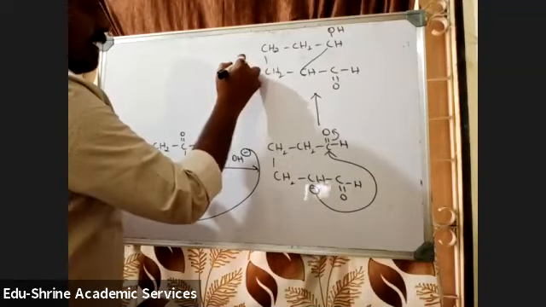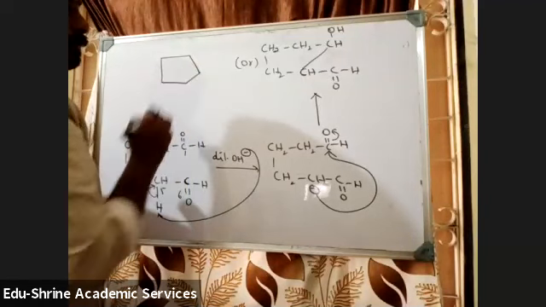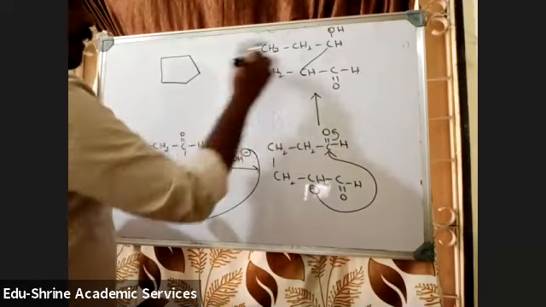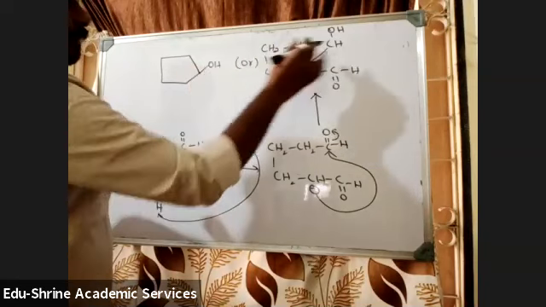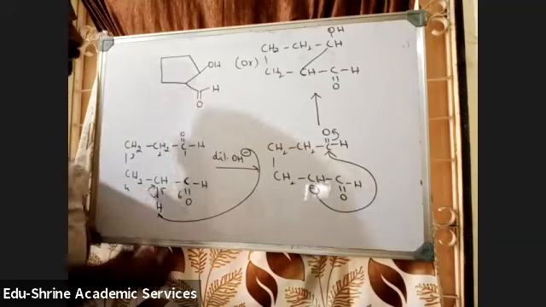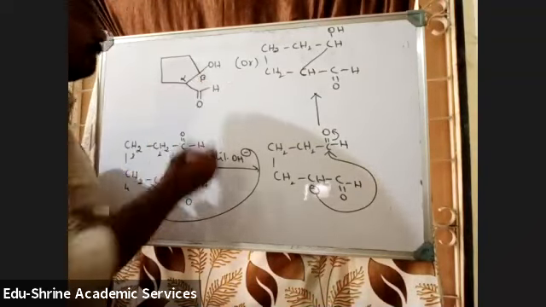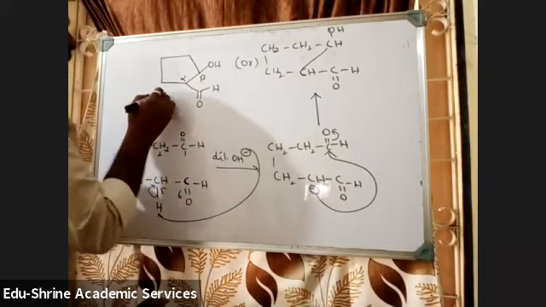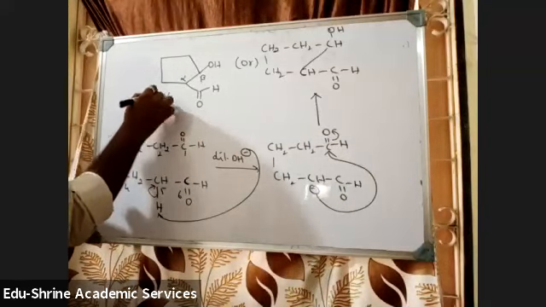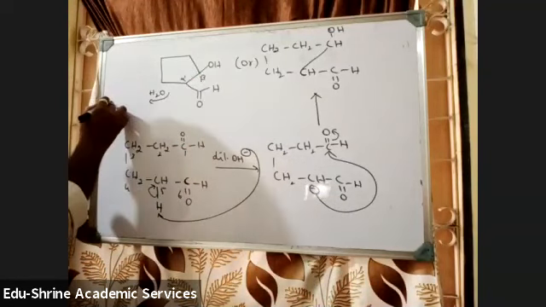So this I'll write in this way. You are going to get a 5-membered ring. At one carbon atom you have OH, and at the adjacent carbon atom there is a C double bond OH. Correct? So this is the alpha carbon atom, this is the beta carbon atom. If you heat this, you will get a double bond here between the alpha and beta carbon.